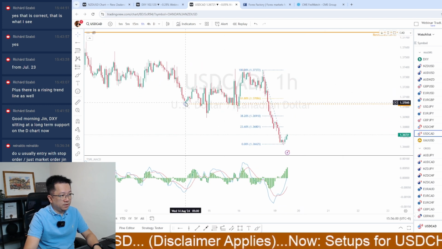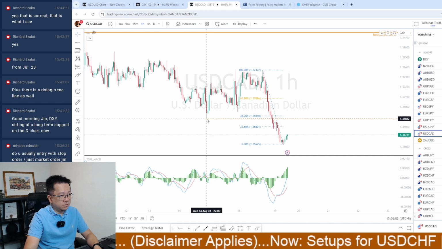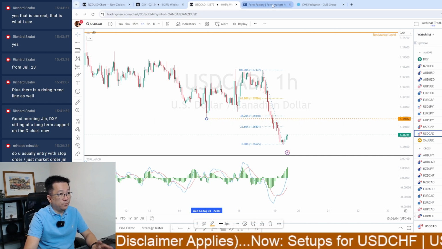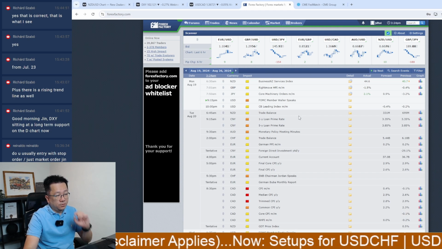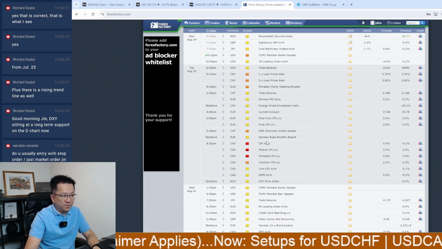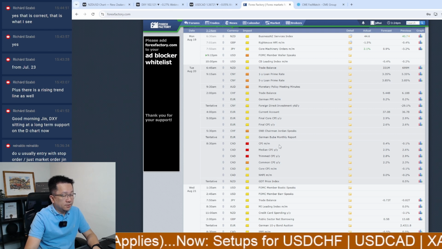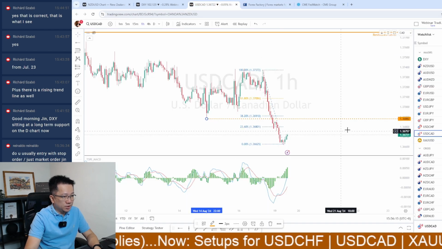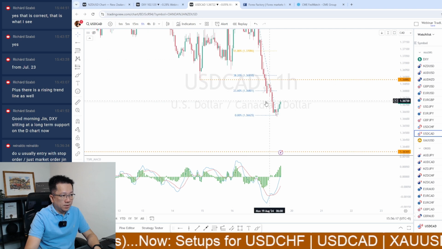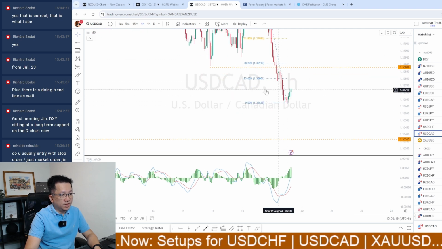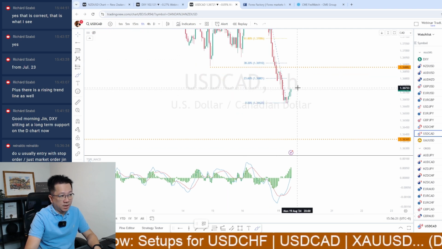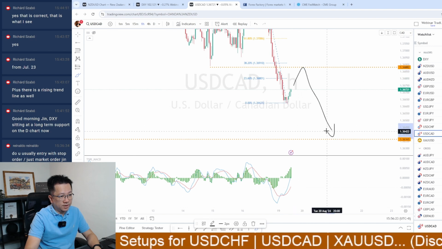So I'm looking actually for the loonie to push back up. Remember again, we do have the CAD with the CPI numbers to be released on Tuesday, right? So anything you have, keep it really short term. I think that we could see it test and reject in this point like that.